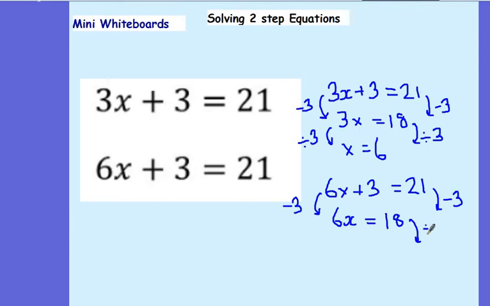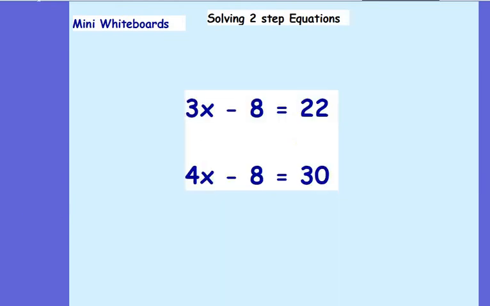I'm then going to divide both sides by 6, which leaves me with x is equal to 3. How about now, in your light blue books or on your mini whiteboards, solve these two equations for me.